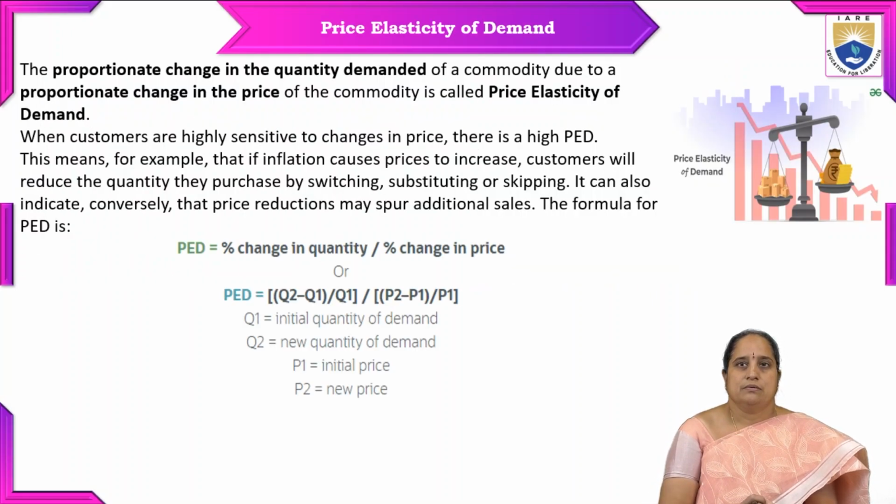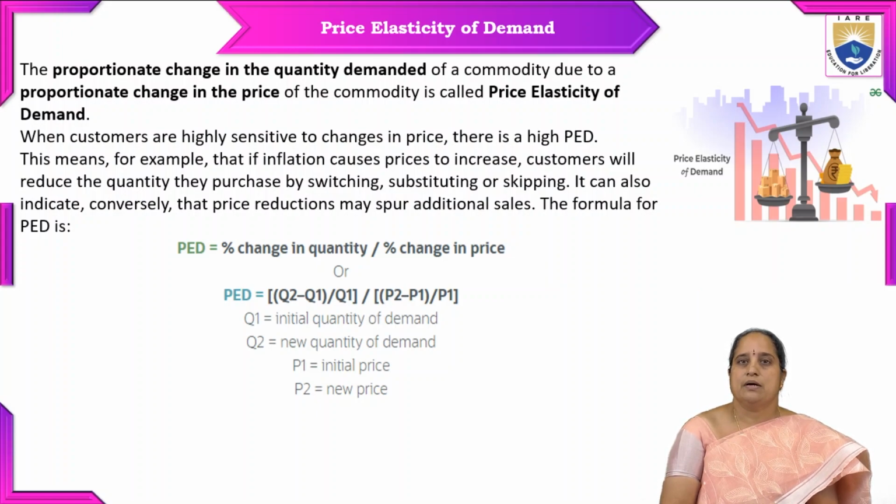Coming to the first type of elasticity of demand, that is price. The proportionate change in the quantity demanded of a commodity due to a proportionate change in the price of the commodity is known as price elasticity of demand.